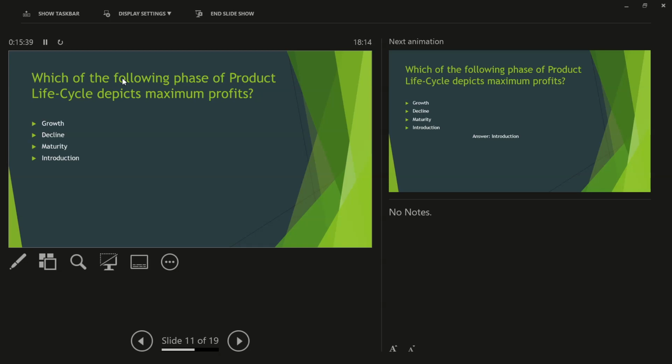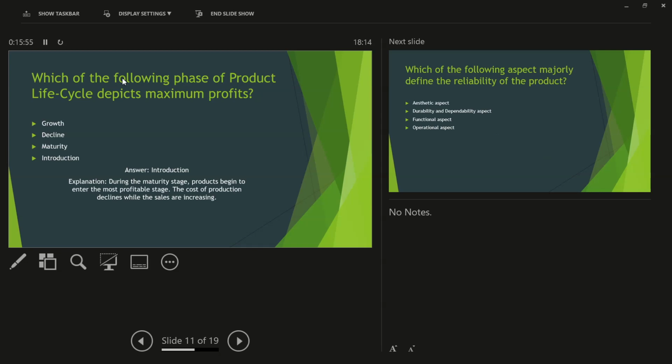So then, which of the following phase of the product life cycle depicts maximum profit? And can you also give me an explanation? Sorry, the answer is maturity. Correct. And can you give me the explanation of the same?